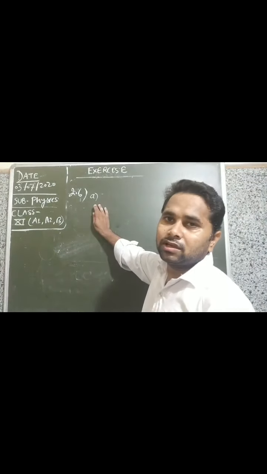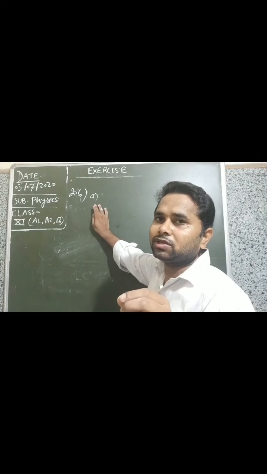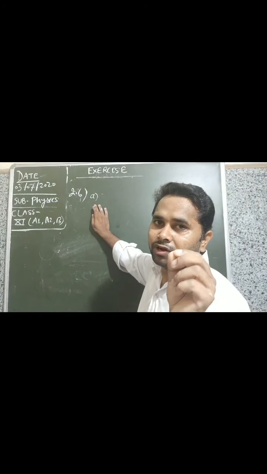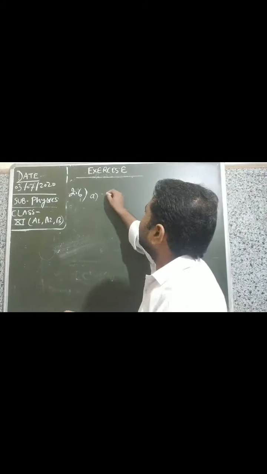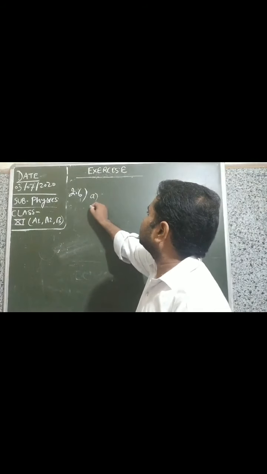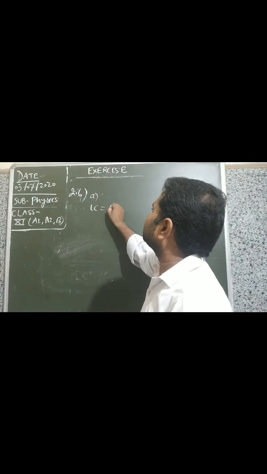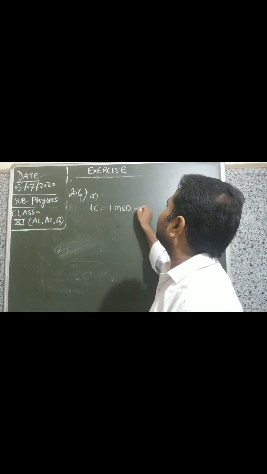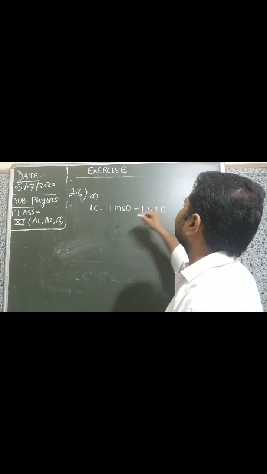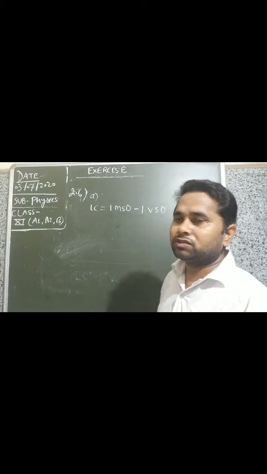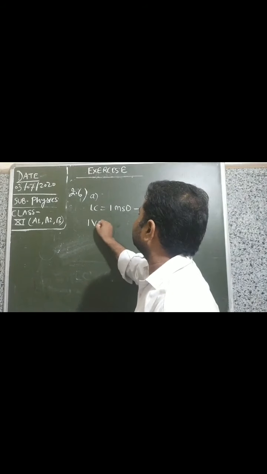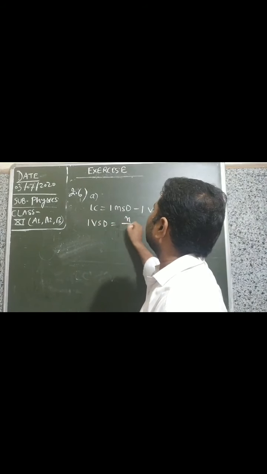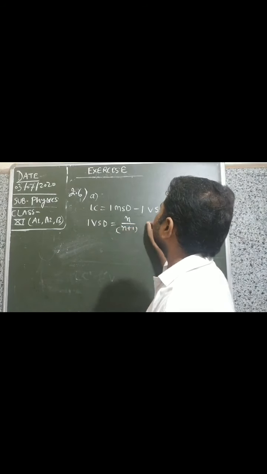So the first is the Vernier calipers with 20 divisions on the Vernier scale, and what is the formula of least count? Least count of Vernier calipers is 1 MSD minus 1 VSD. And 1 VSD equals n upon n plus 1 MSD.